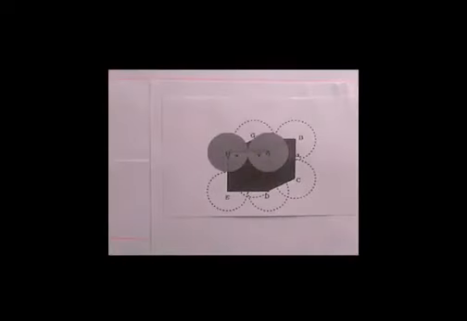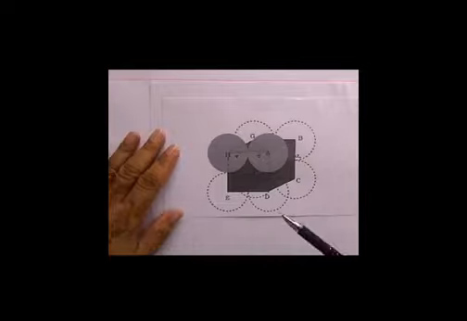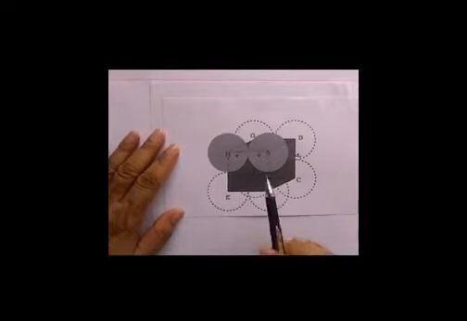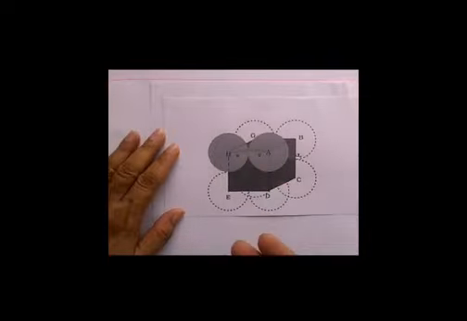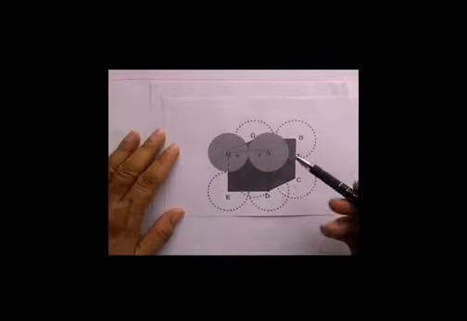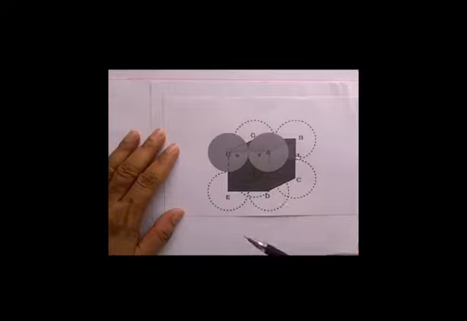Now let's calculate packing efficiency in simple cubic lattice. Here we have such a lattice in which we have these two spheres in front of us, and these dotted spheres are not highlighted.